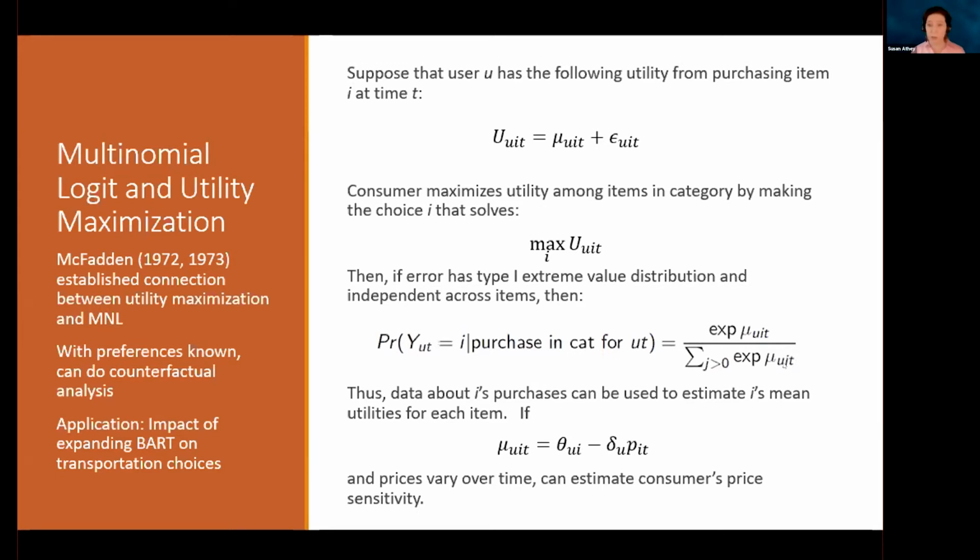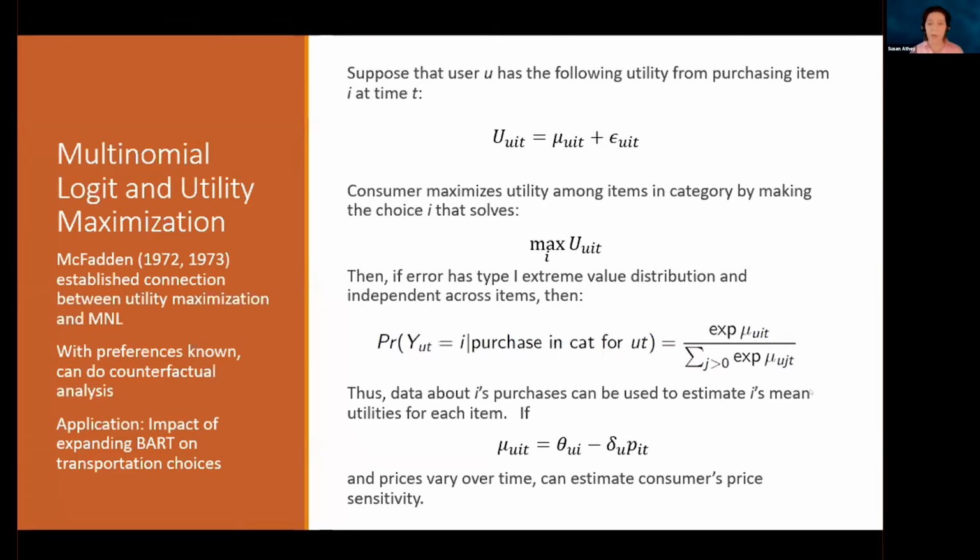And that's also, you'll recognize, the functional form for a multinomial Logit model. So another way to look at it is, if you estimate a multinomial Logit choice model and you estimate the means for each of the choices, those can be interpreted as the mean utilities of utility maximizing consumers.